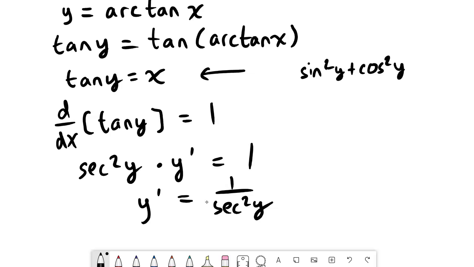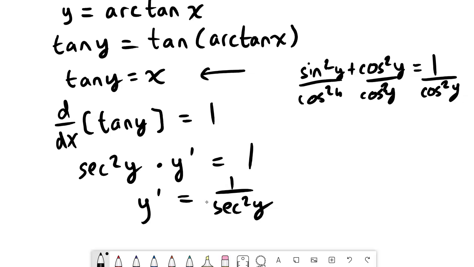Is it this one first plus that one, or is it the other one? We want secant, so the way we do that is by dividing all of these terms by cosine, all the terms. So that means we get tangent squared of y plus 1 is equal to secant squared, right?